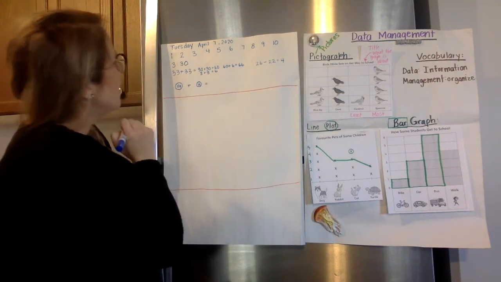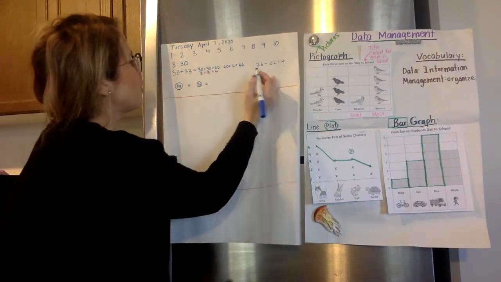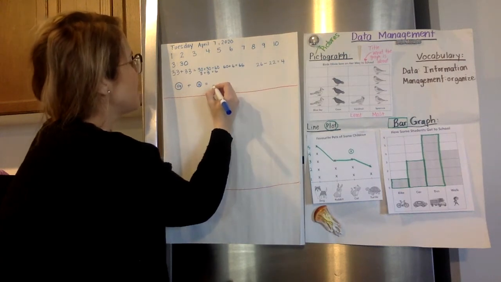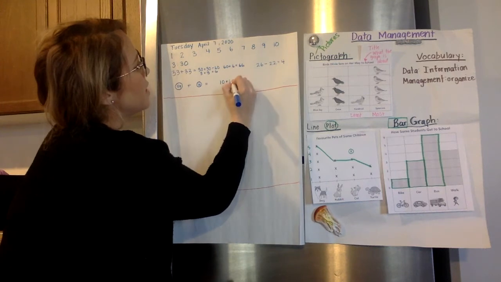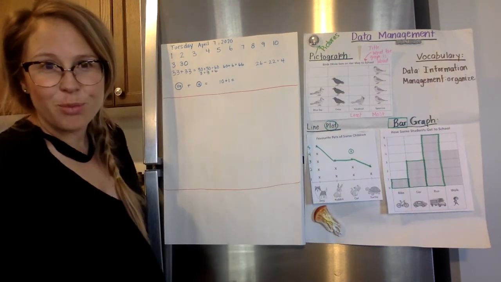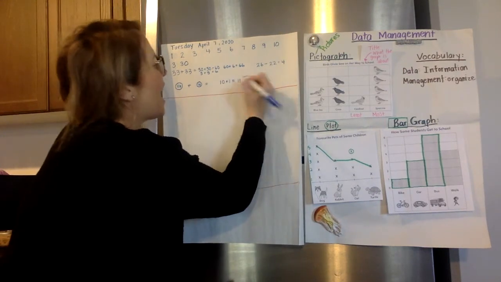So 10 cents plus 1 cent equals how much? My actual addition statement or equation would look like this. 10 plus 1 equals, and we know that's pretty easy, 1 more than 10 is 11.